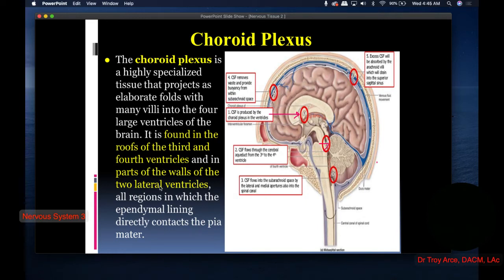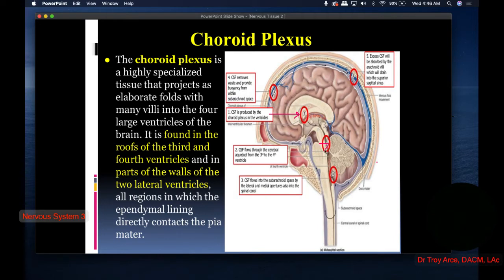So we talked about ependymal cells. These cells exist within, again, the central nervous system. So if you take a look at this picture, we understand that CSF is produced by the choroid plexus in the ventricles, and it flows through the cerebral aqueduct from the 3rd to the 4th ventricle.